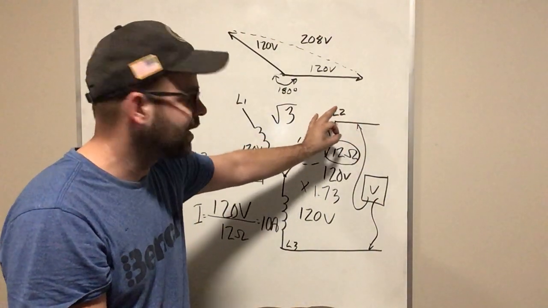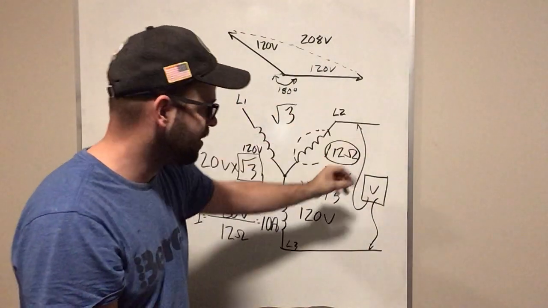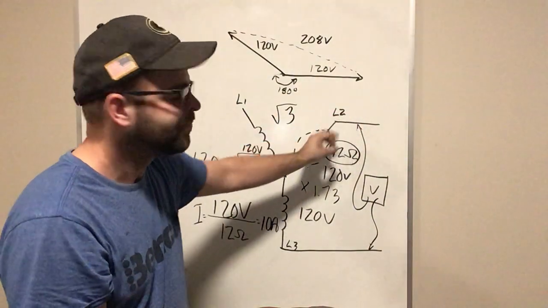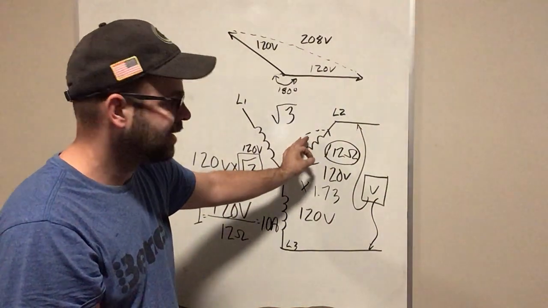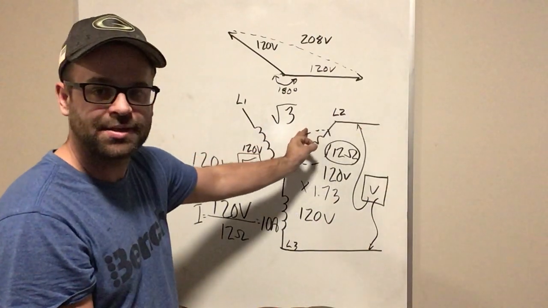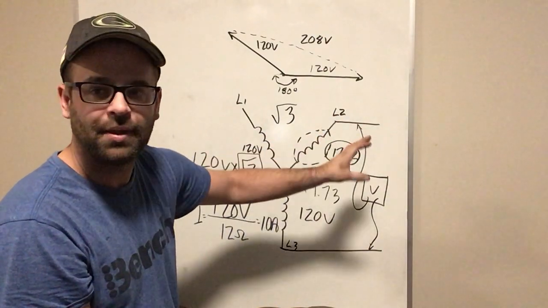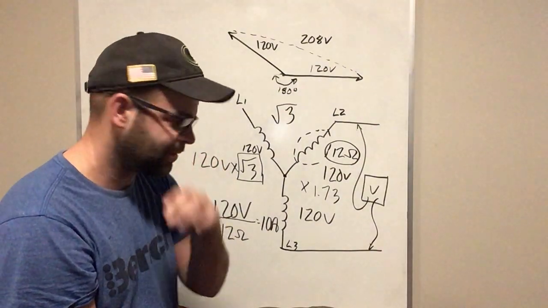I'm not adding any other wires to it. I'm not clamping on that one and that one. It's only one wire. So in Y, my current in the line is always the exact same as it is in the phase, because I'm not picking up another coil or another load in the circuit.